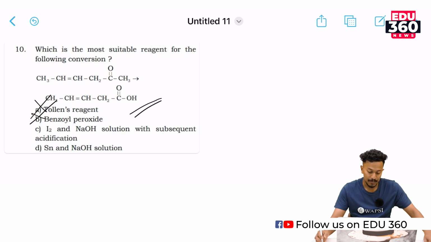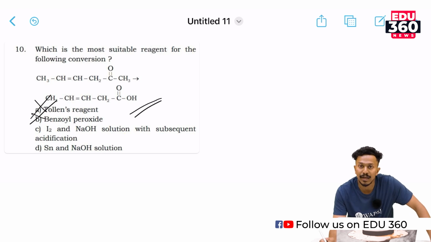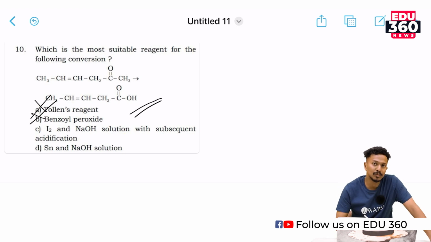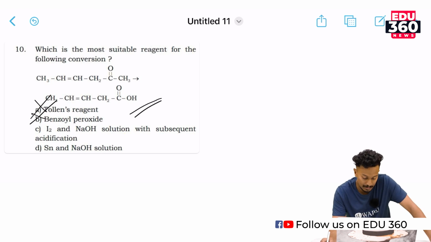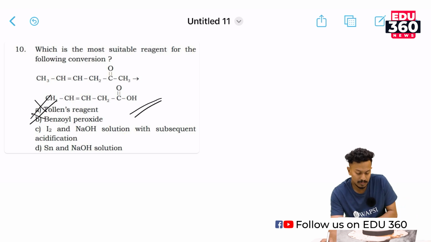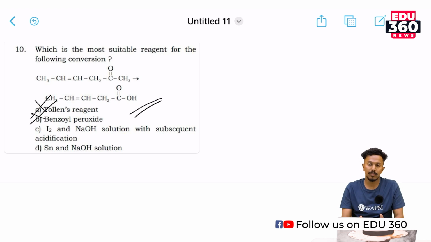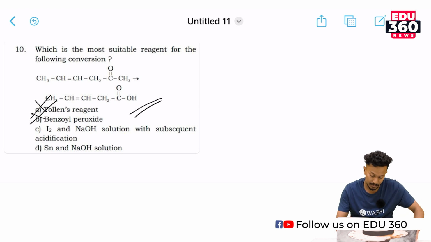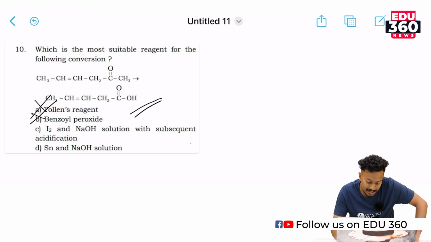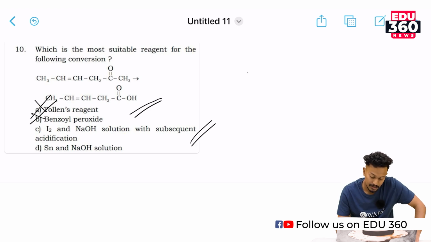And we do have iodine with an NaOH alkali solution. We have discussed this question earlier; it has been repeated a few times, so try to concentrate on this topic. Here we have iodine and an alkali solution with subsequent acidification. So we can try that out.